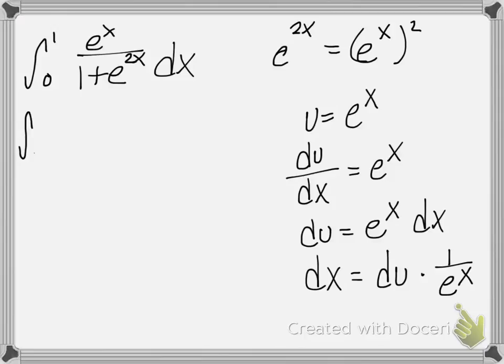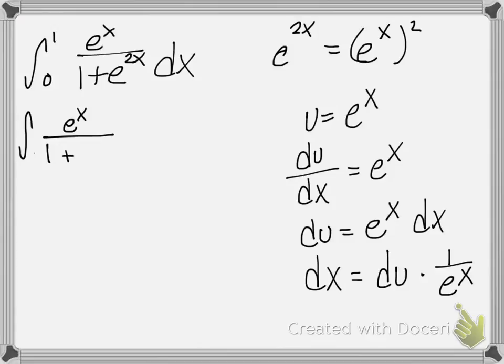But so we could have e to the x over, and you could put u, but in order to make things cancel out and look nice, I'm going to leave e to the x as e to the x over 1 plus.